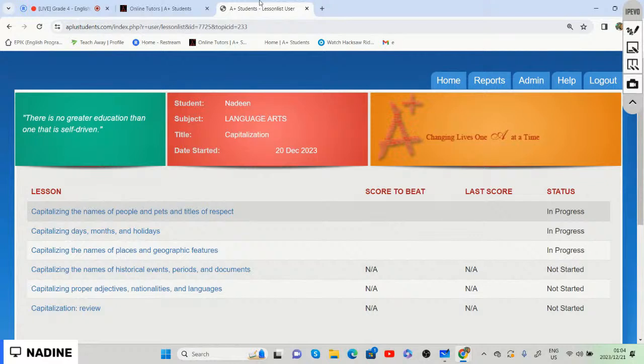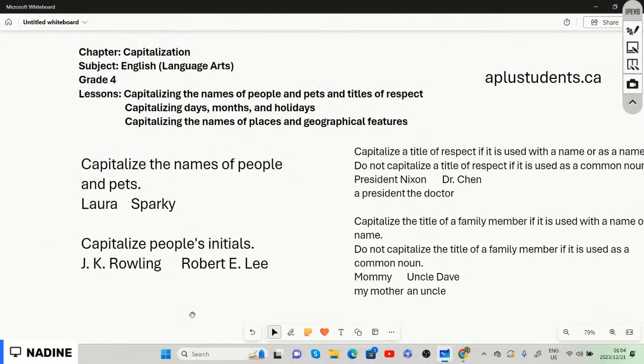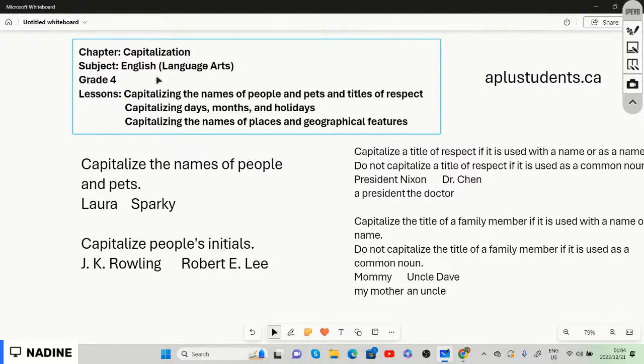All right, so once we have selected the subject of capitalization, we said our chapter is capitalization, our subject is English, which is language arts, grade 4. And the lessons that we are going to be focusing on under the chapter of capitalization are capitalizing the names of people and pets and titles of respect. We're going to be capitalizing days, months, and holidays.